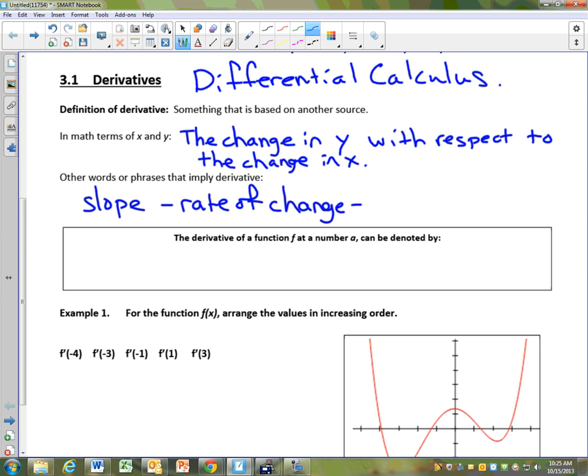Cause and effect. I say average rate. I'm going to write one more: instantaneous.